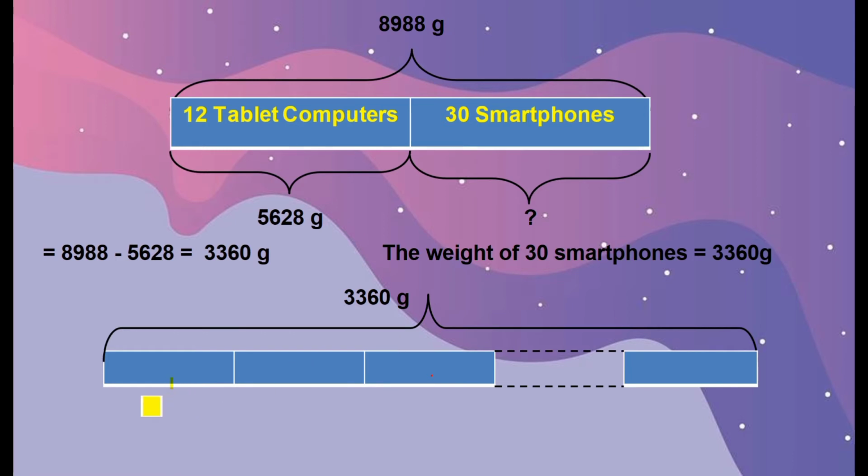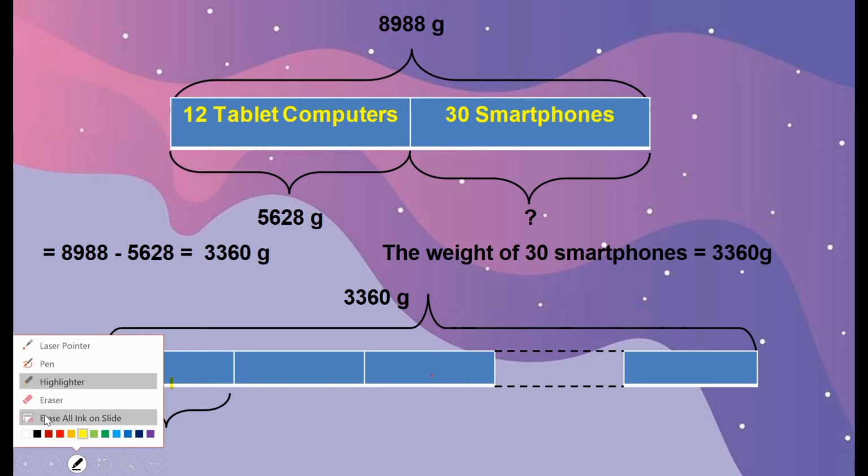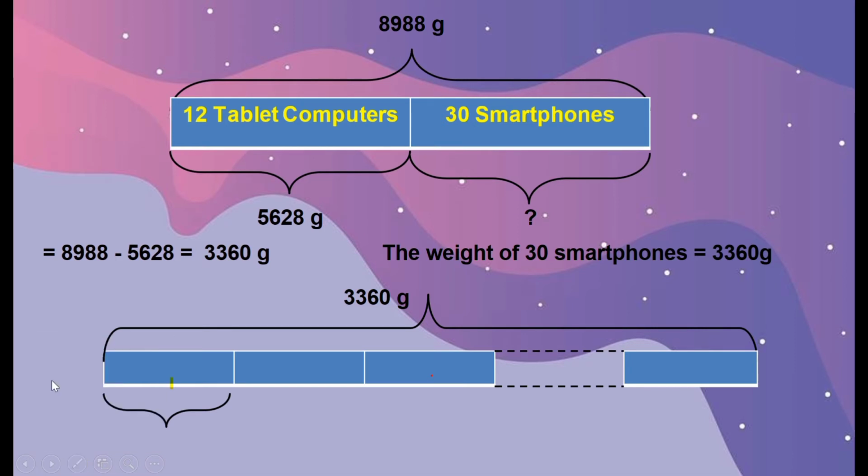So for the 30 smartphones, what you will do after this is show the 1 unit, and next you will get a question mark. Why is this a question mark? Because you need to find the 1 unit of 30 smartphones, which is not given.